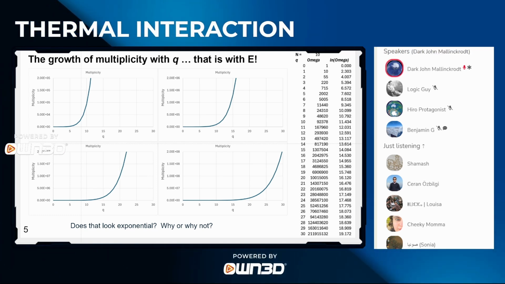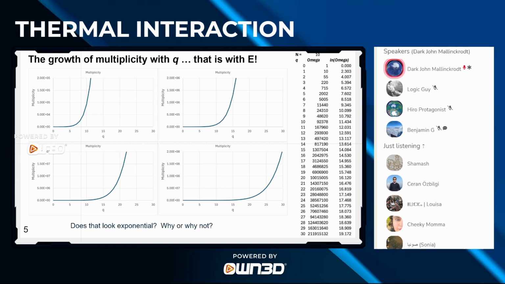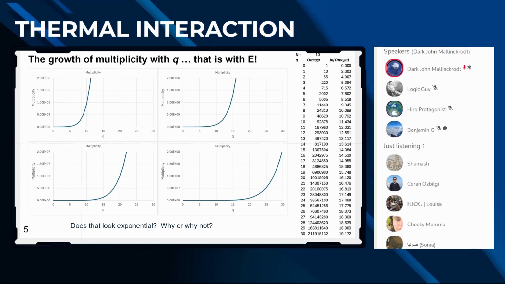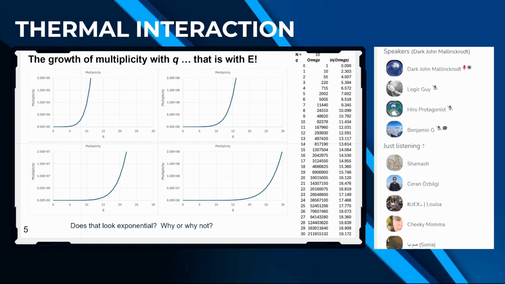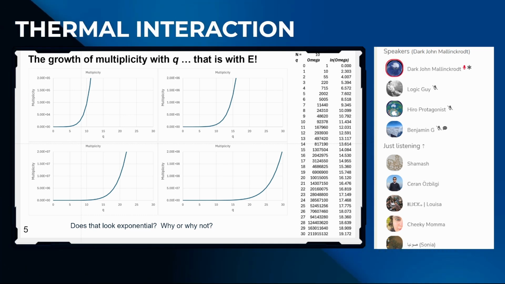So that graph goes right off the scale by the time I get to 10 or 11, 12 oscillators, as you can see. Peaks at 200,000 there. So then I increase the scale to 2 million, going up to a multiplicity of 2 million. We get to 2 million when we get to about 16 oscillators, etc.